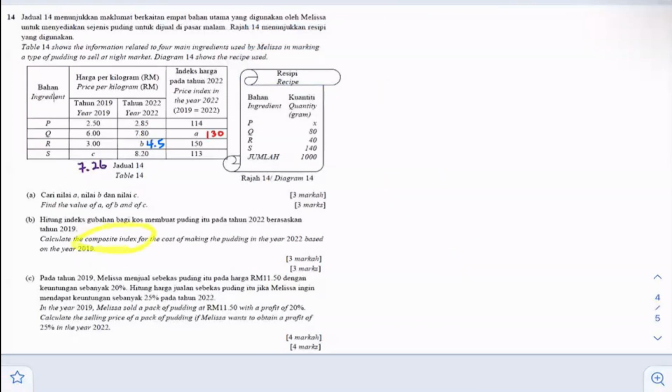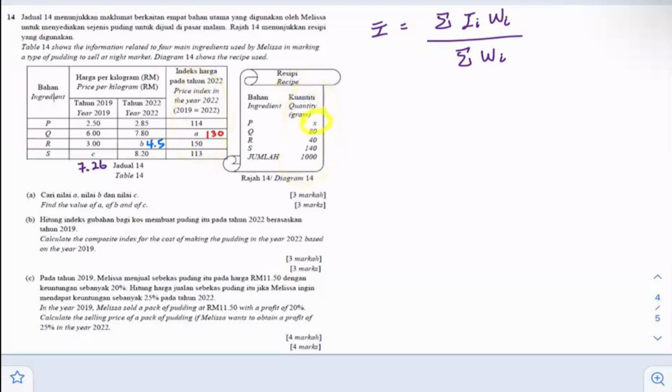Next, we have to calculate the composite index for 2022 based on 2019. So we have to use the second formula. Composite index equal to sum of index multiplied with the weightage divided by the total weightage. So we have the index here and the weightage here.